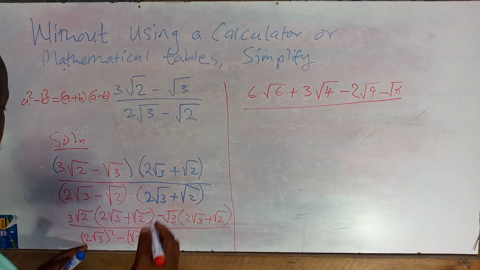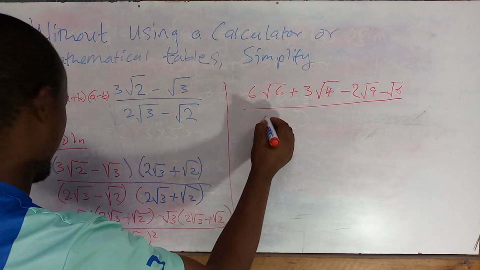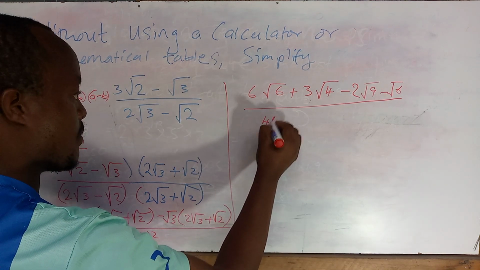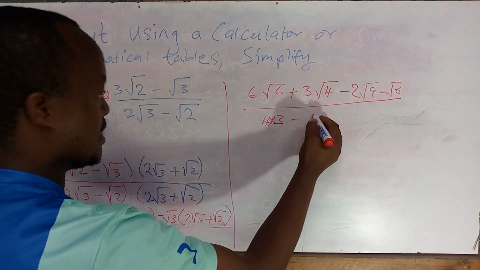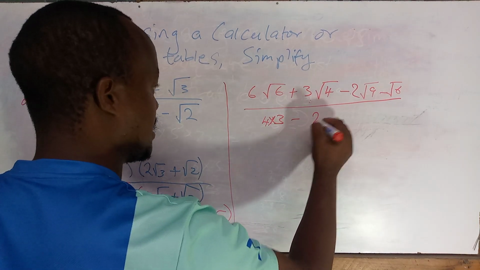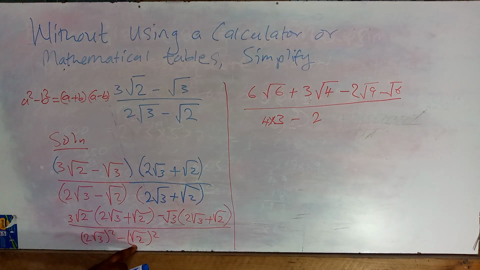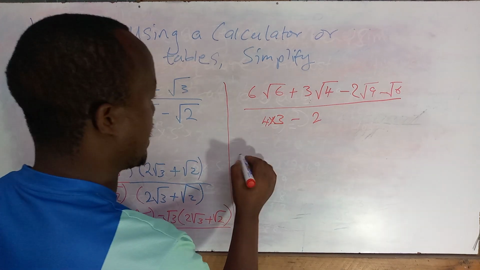Now the denominator will be 4 multiplied by 3, minus, that is 2. Root 2 squared is just 2. So we are getting these.